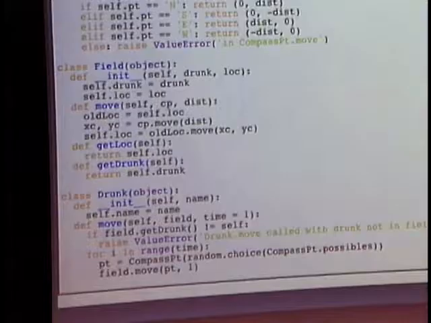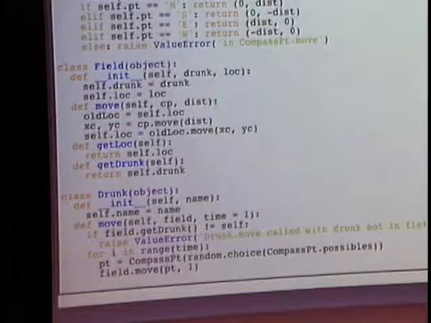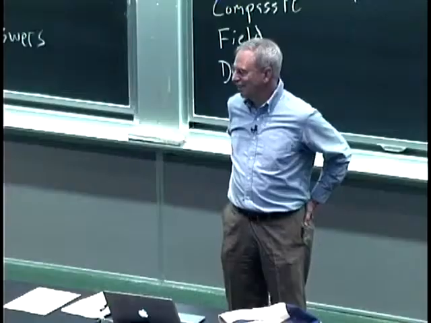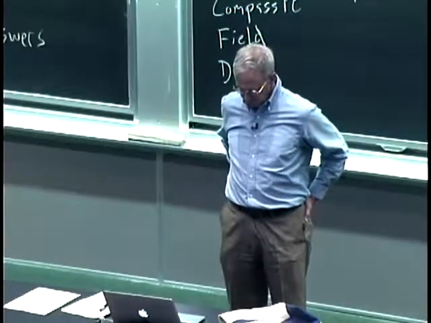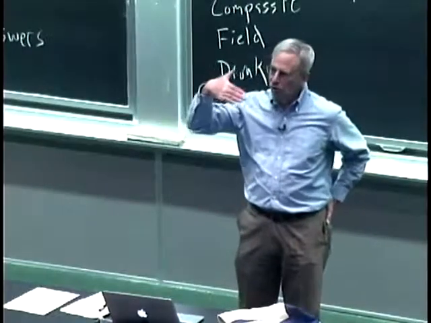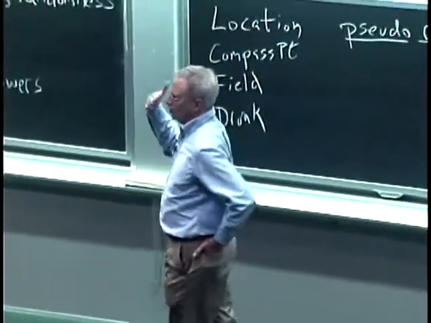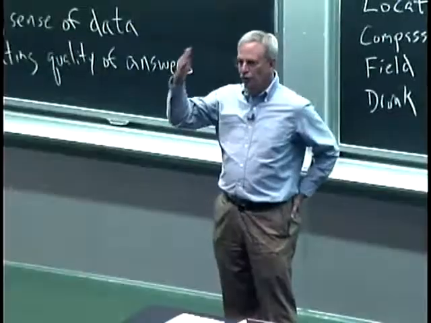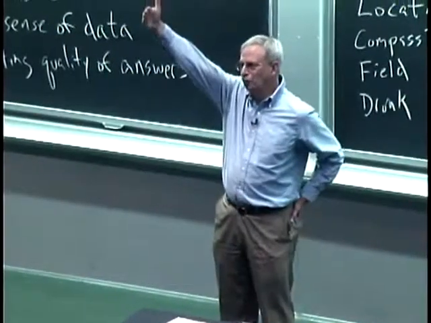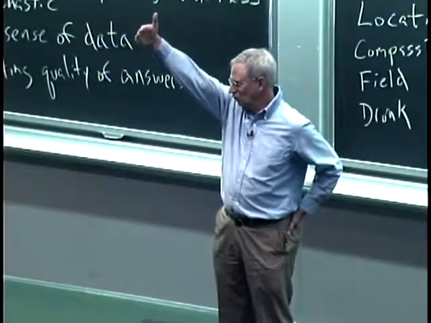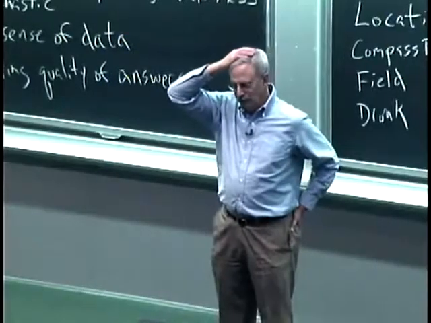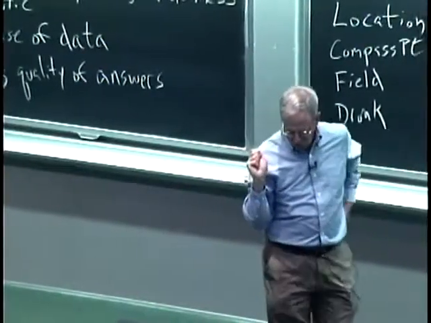Where is it going to find cp dot move? It's going to use compass point dot move because, as we'll see, CP is an object of type class compass point. So this is a normal and typical way we structure things with classes, that the move of one class is defined using the move of another class. This gives us the modularity we so prize.